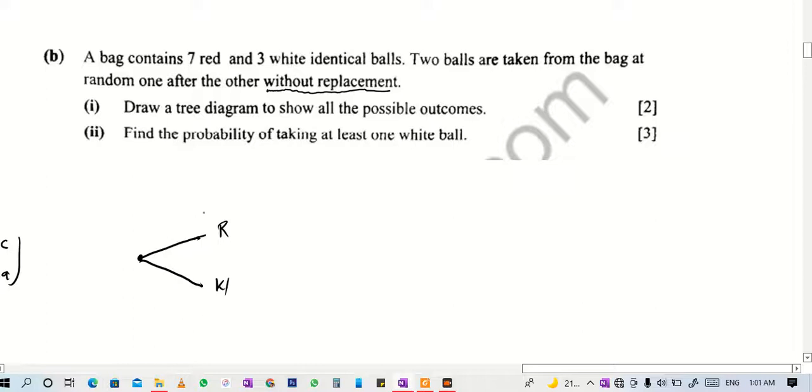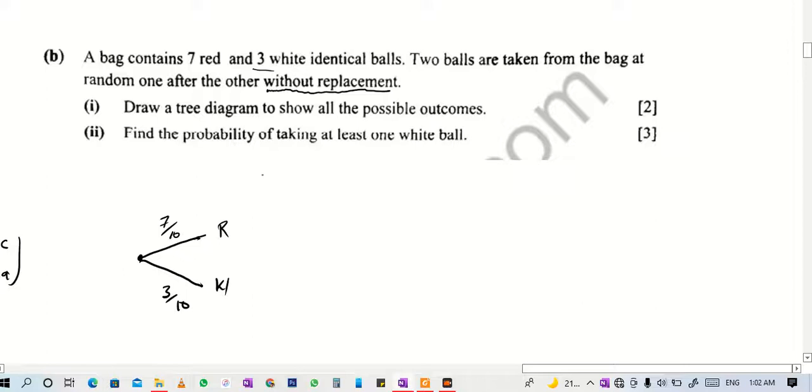What is the probability that it is red? There are 10 balls and 7 are red, so the probability that it is red will be 7 over 10. The probability that it is white will be 3 over 10, because there are 3 white balls and 10 altogether.